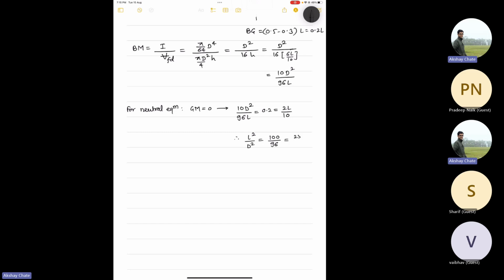So this is 25 divided by 24. Therefore, L by d is the square root of 25 divided by 24. This is 5 divided by, what is the square root of 24? How can we write? 2 root 6. Yeah, I think that is correct.